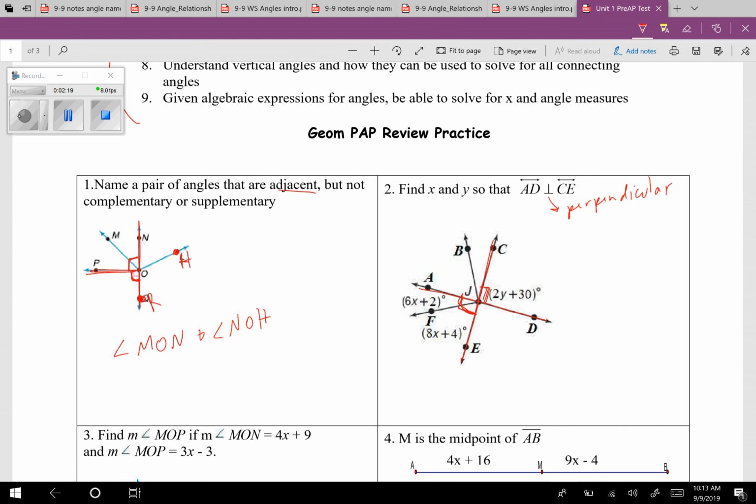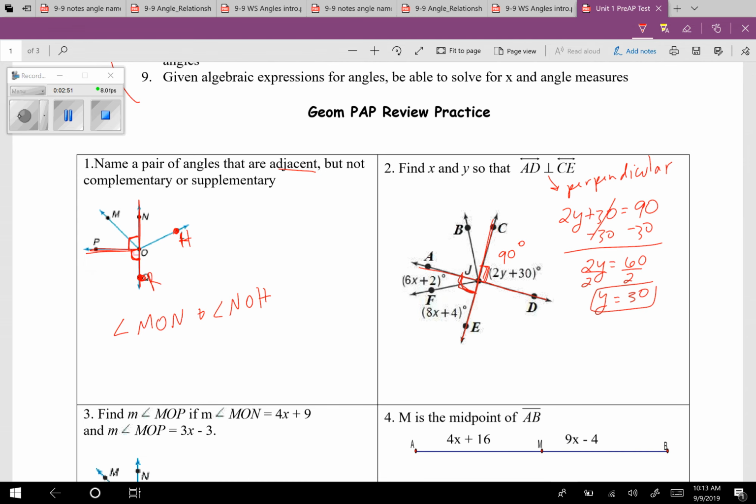So first, we know that this has to be 90, and we only have the one expression, so we have 2y plus 30 equals 90. So take away 30. And y'all need to be showing your work because on a lot of y'all's assignments, y'all have not been showing all the work you need to. So 2y is 60. So therefore divide by 2. Y is 30. So y is going to be 30.